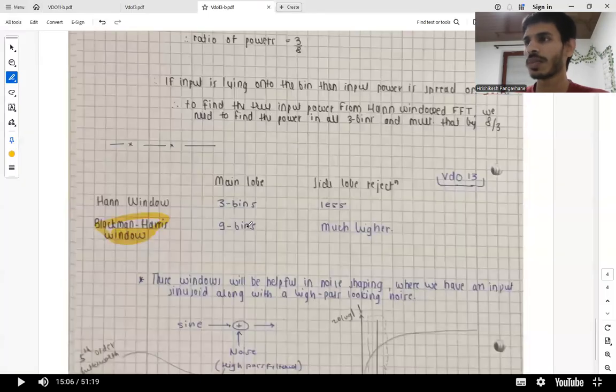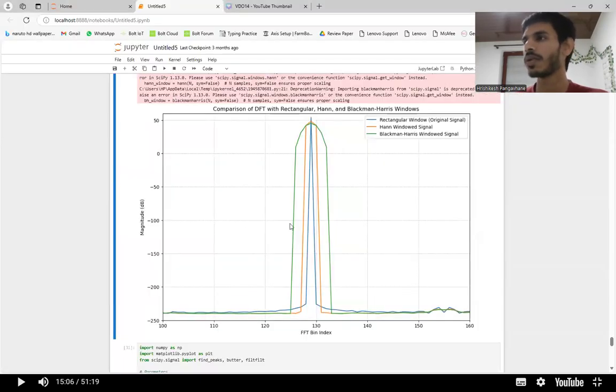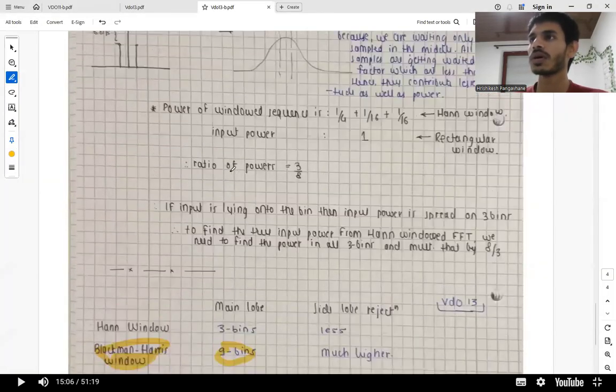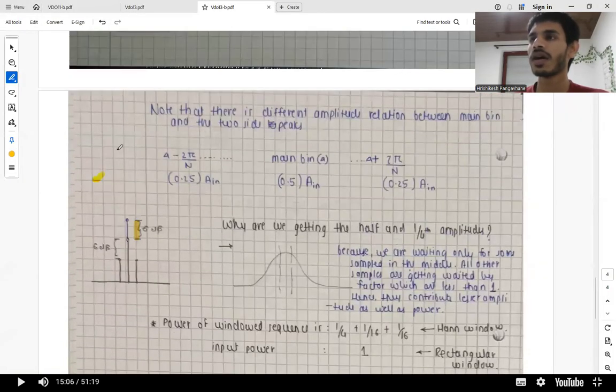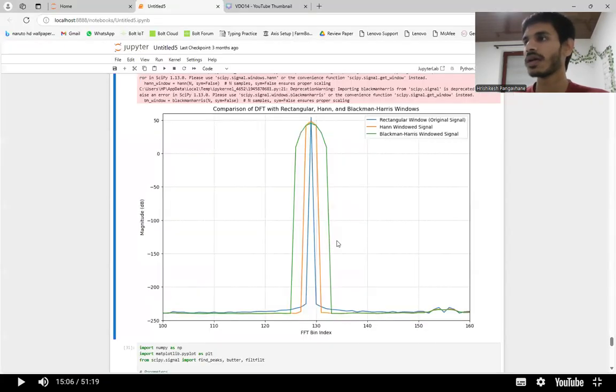Usually they occupy 9 bins when plotted against the log. So basically when we plot it throughout the bins in the logarithmic scale, it occupies more bins. But as we saw in the case of the Hahn window, we windowed the signal and it occupied 3 bins. So now it is occupying more bins.